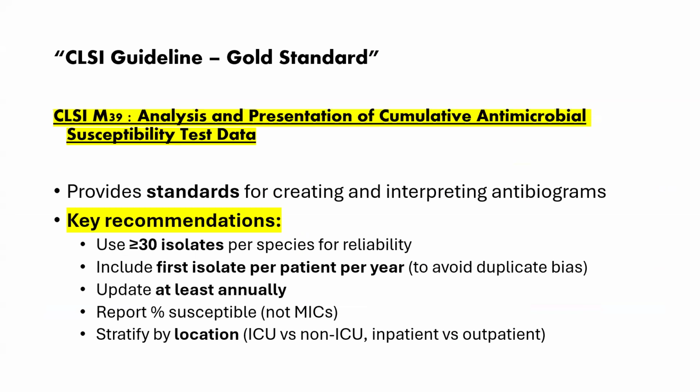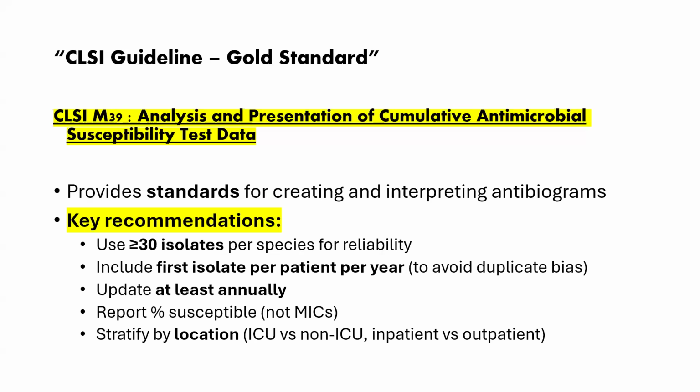So now we will talk about the antibiogram. It's important to understand that there is an international standard that guides you on how to prepare the antibiogram. The most commonly and widely used guideline is called the CLSI M39 guideline, and it provides the standards regarding the analysis, presentation, and how to create the cumulative antibiogram.